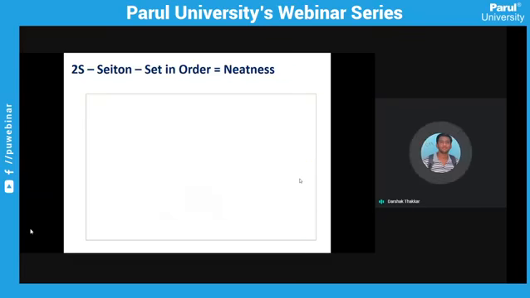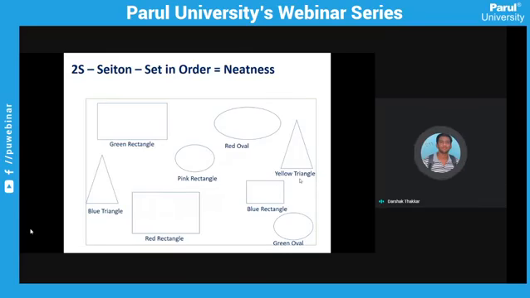Now, can you arrange the same shapes in that blank area without any identification? Definitely not. But if I have done the marking like this, it is easy to arrange whatever shapes are shown in this area, right? So this is the importance of set in order and labeling.